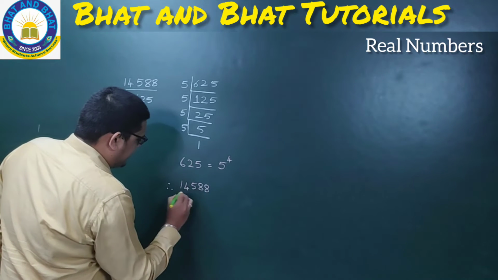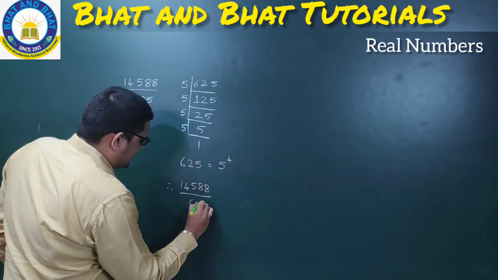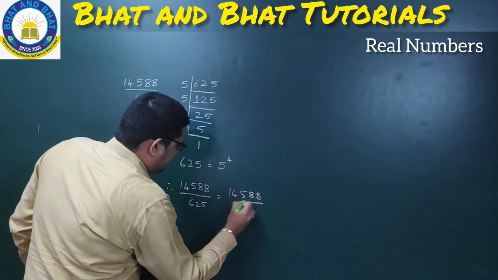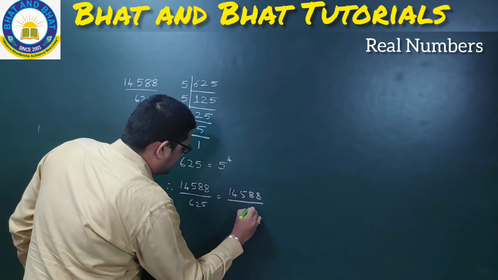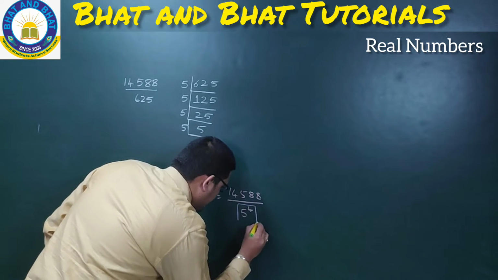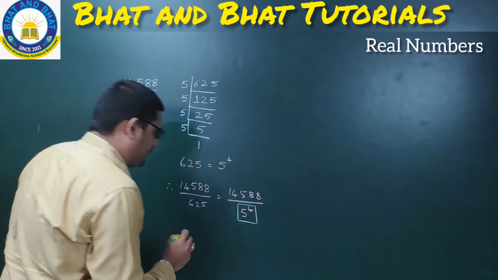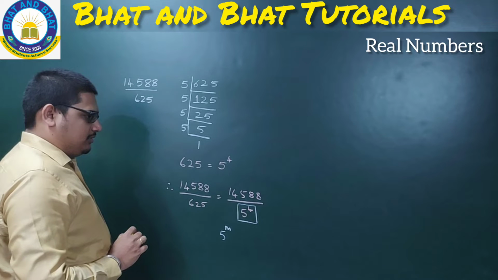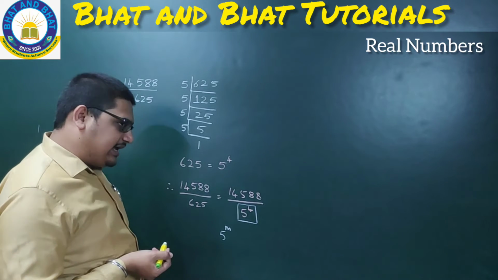Therefore, I can write 14,588 divided by 625 as 14,588 divided by 5 to the power 4. Now, upon observing the denominator, I see that it is in the form of 5 to the power m. So, what did our theorem say?